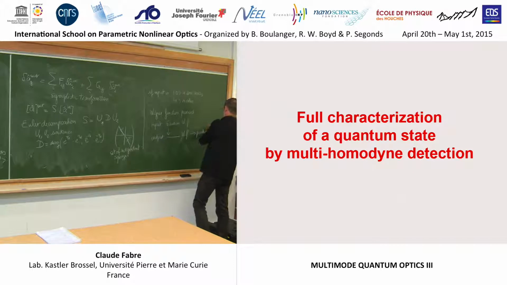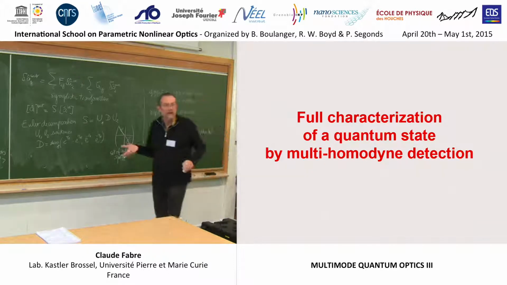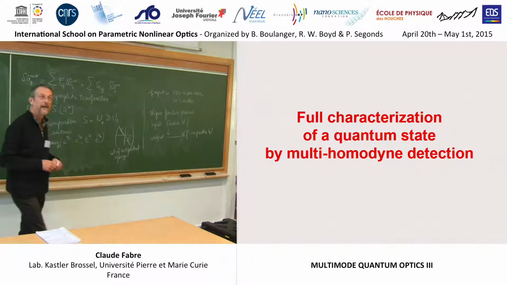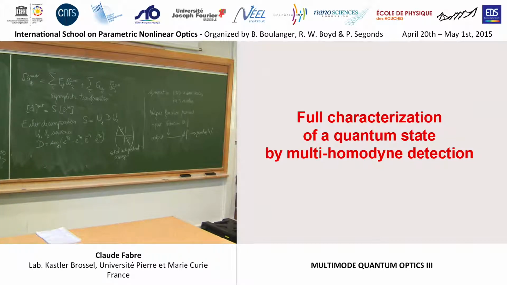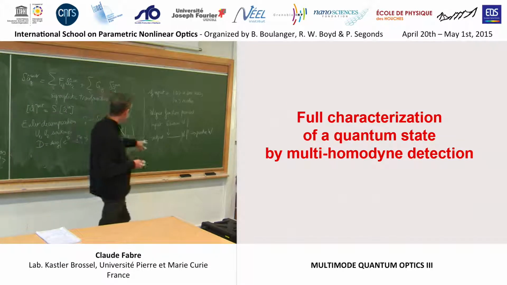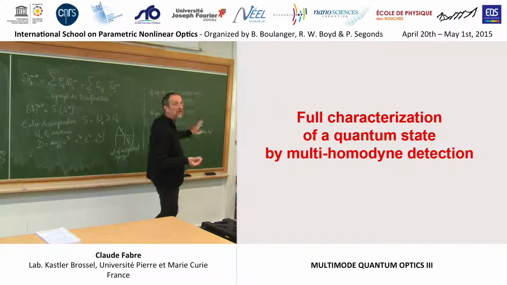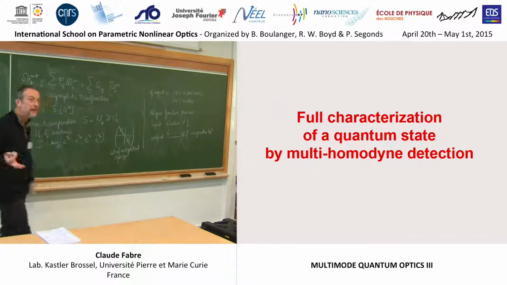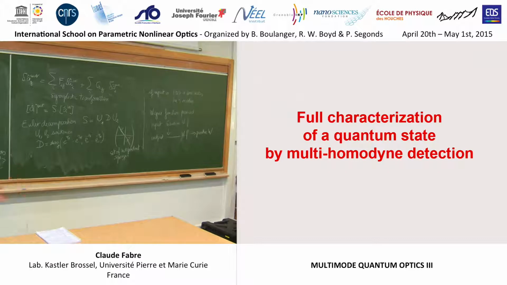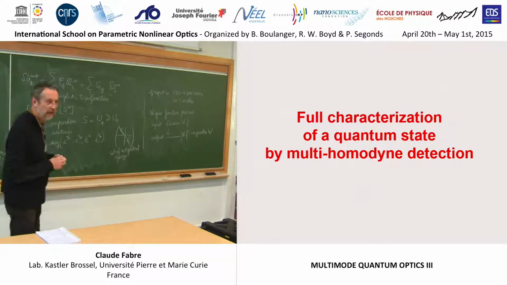So does it mean that it is classical? This is a big debate. But for example, if you say that a positive Wigner function corresponds to a classical state, then you are obliged to say that vacuum is a classical state, which is not totally true. The vacuum state has vacuum fluctuations of quantum origin.